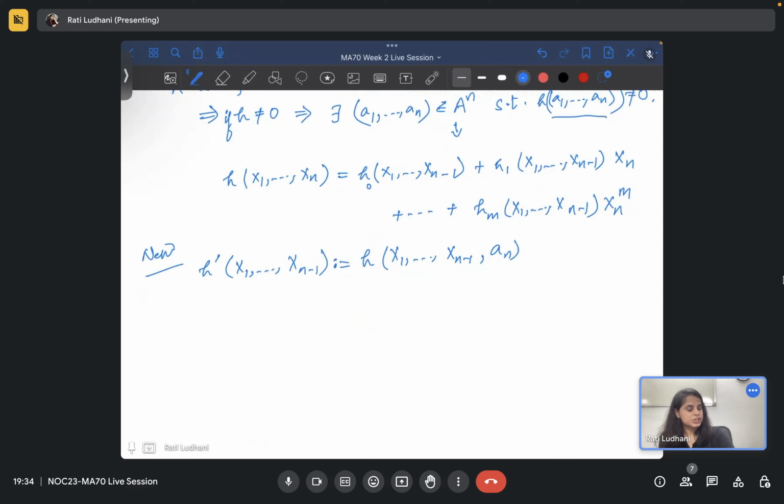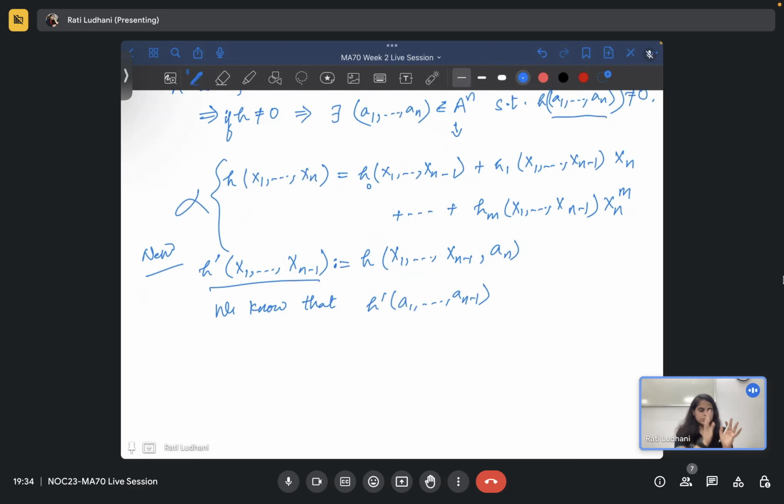So h dash of x1 to xn minus 1 is equal to this, and you know that h of a1 to an minus 1, so you define this polynomial. Now h dash is just a polynomial in n minus 1 variables. I am not using this fact right now. You just think about h dash as a polynomial in n minus 1 variables.